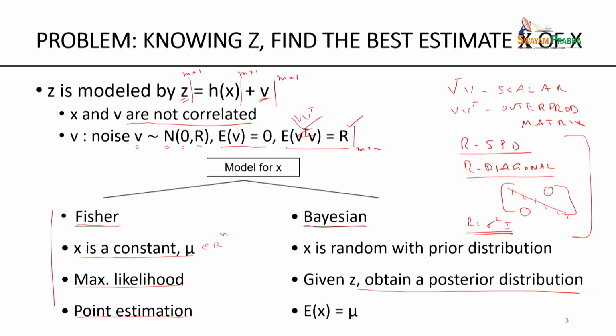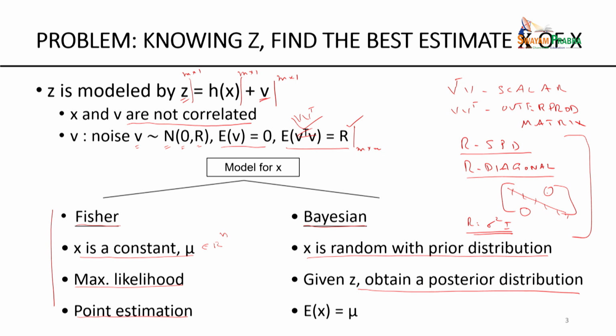So when x is random, oftentimes I may have some prior information about the random variable. For example, is there life on the moon? Before the moon landing, we did not know anything about it. Now we know that there is no life as we know it on the earth, and they are trying to find out whether there are other forms of life on the moon or Mars and so on.